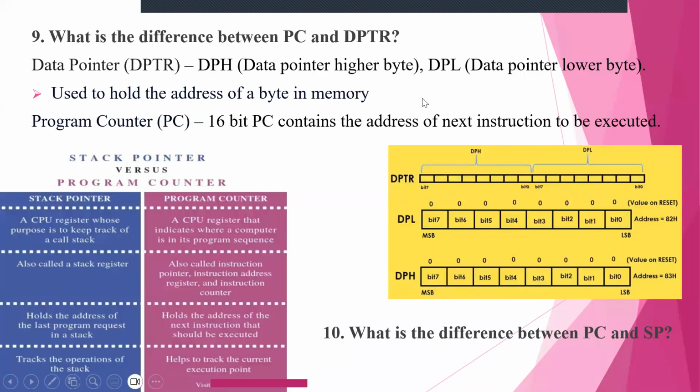What is the difference between PC and DPTR, that is program counter and DPTR? The program counter is what I have told you: it is 16-bit and it shows the address that has to be executed next. But DPTR is divided as data pointer high and data pointer low.